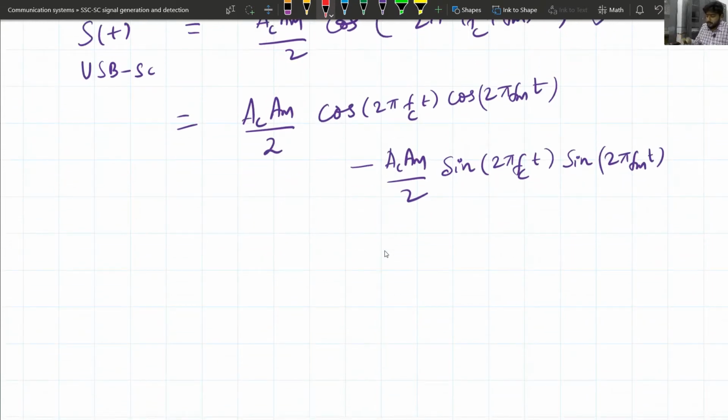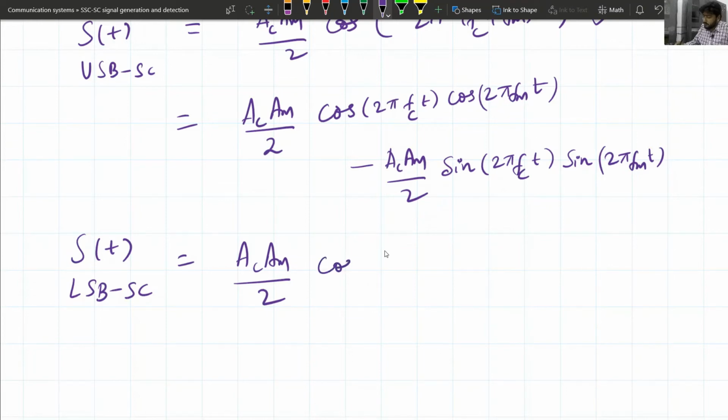Similarly, if we write the same for the lower sideband suppressed carrier, its equation is A_C times A_M by 2 into cos 2π(f_c − f_m)t.